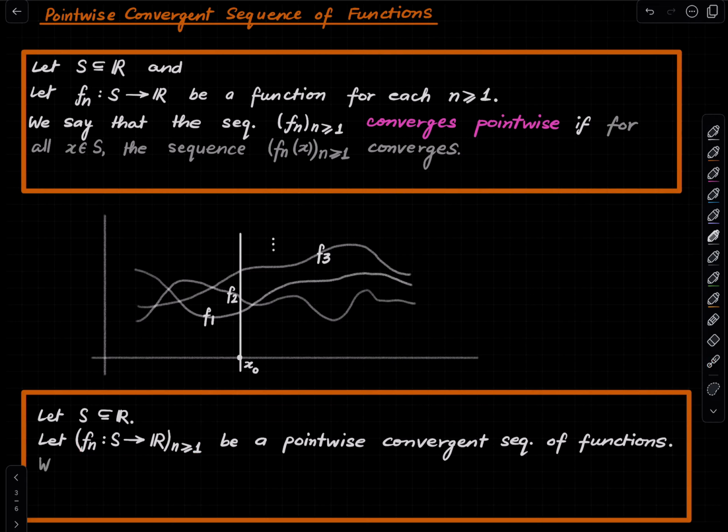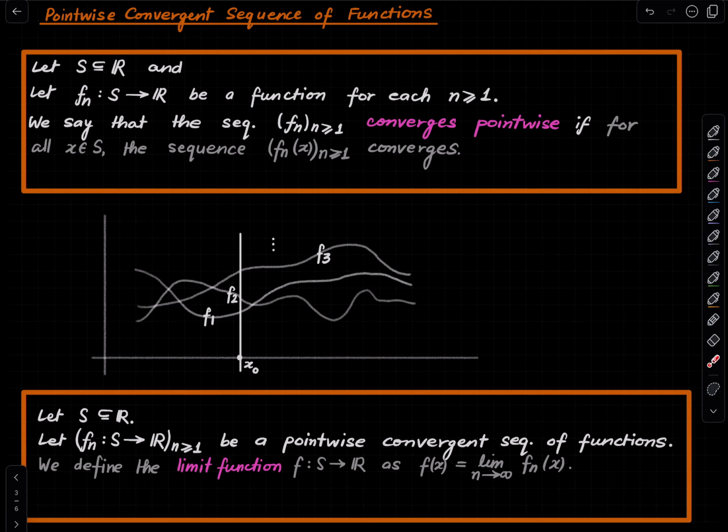We define the limiting function, or the limit function, f, as f(x) is just the limit of the sequence obtained by restricting these functions to the point x. So, well, this is the way to write it.